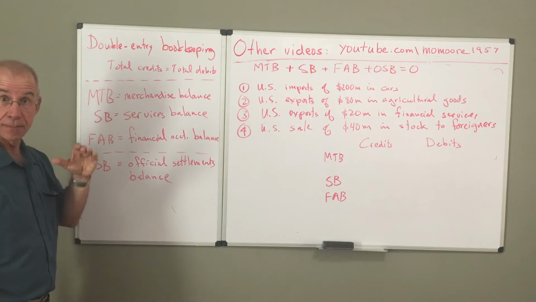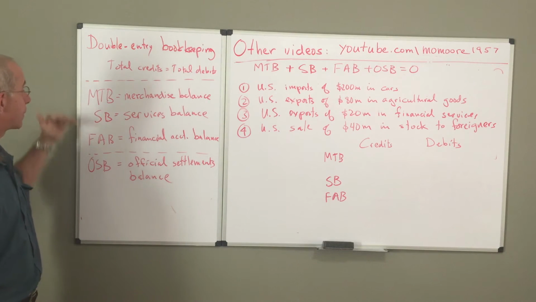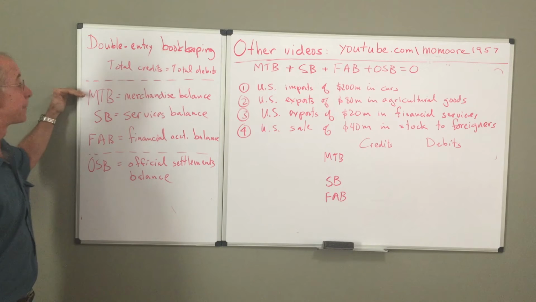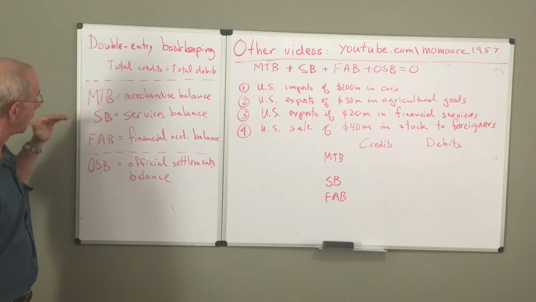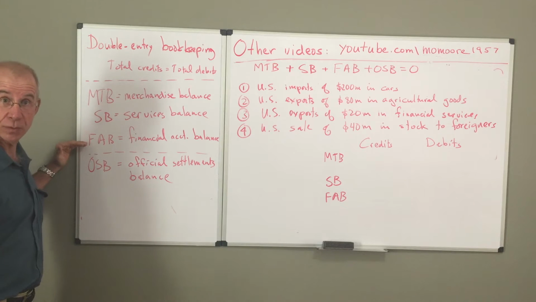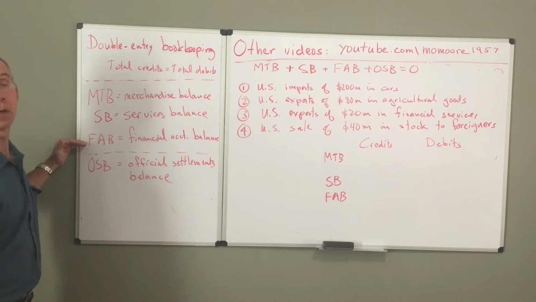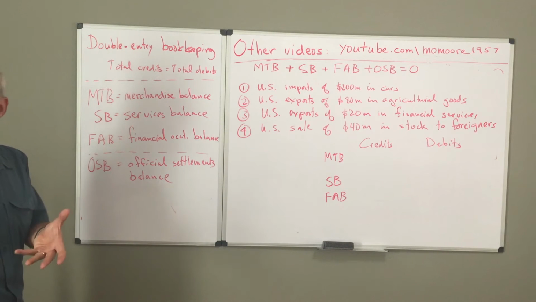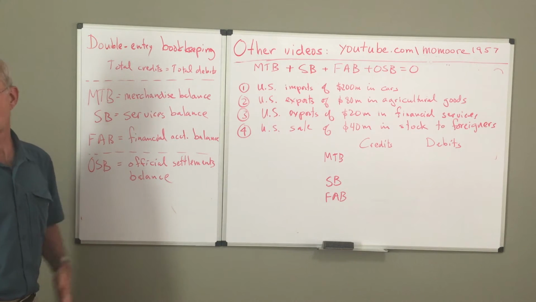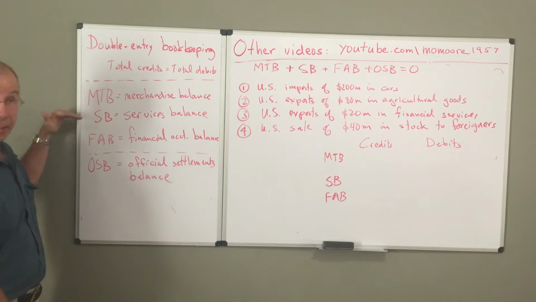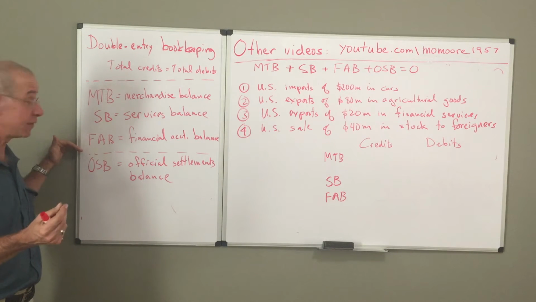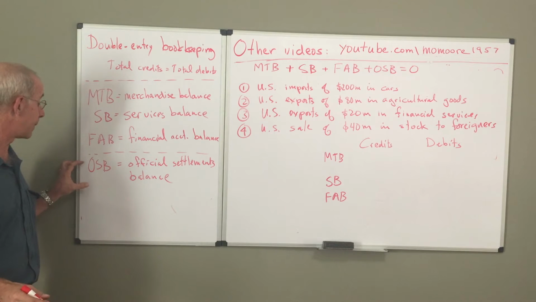The balance of payments can be broken up into various subcomponents: the merchandise trade balance, which reflects imports and exports of goods; the services balance; the financial account balance, which is the sale or purchase of financial assets across borders; and the official settlements balance, which has to do with buying or selling official reserves by a central bank or a government. These top three are private transactions, sales or purchases of goods, services, or assets by private individuals. And this last one is by the government.